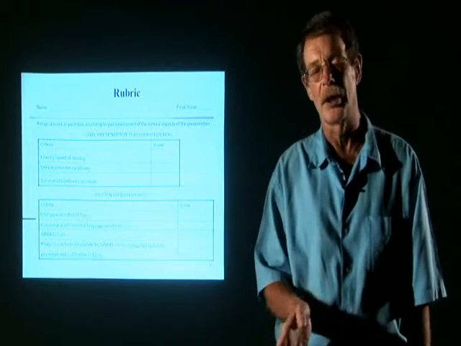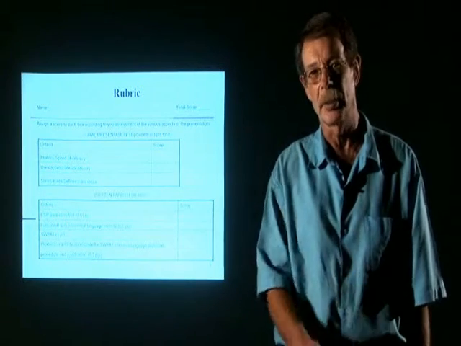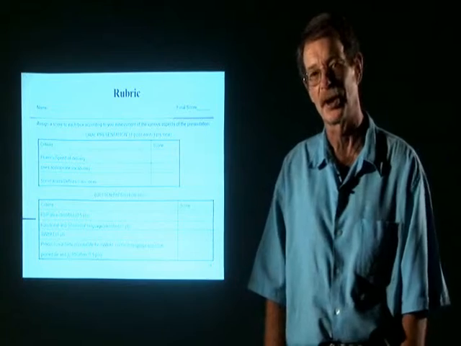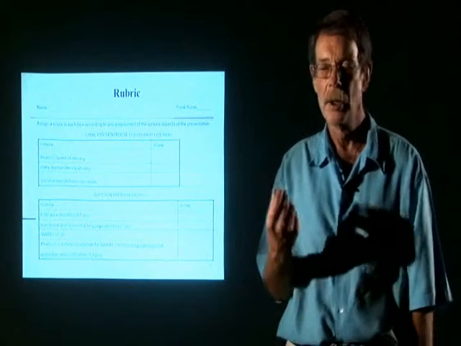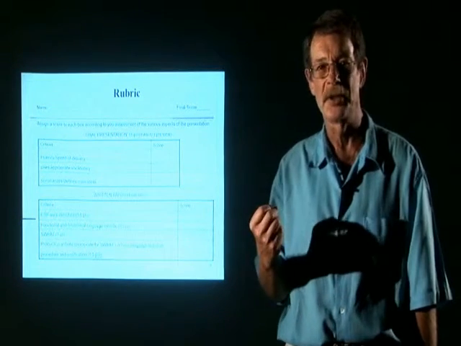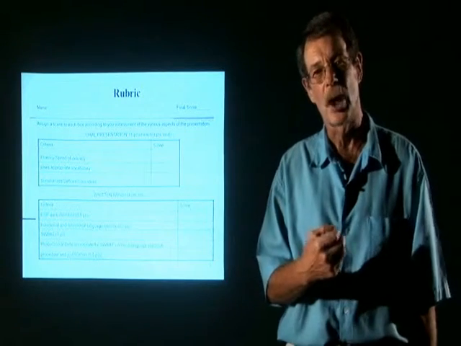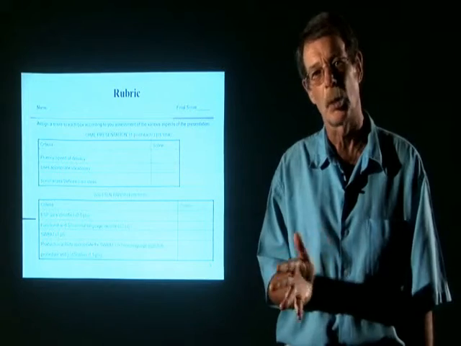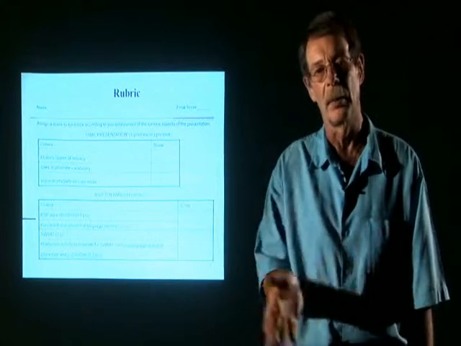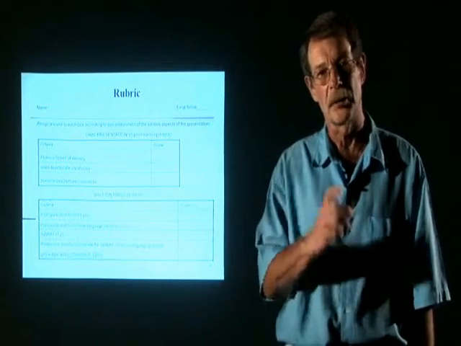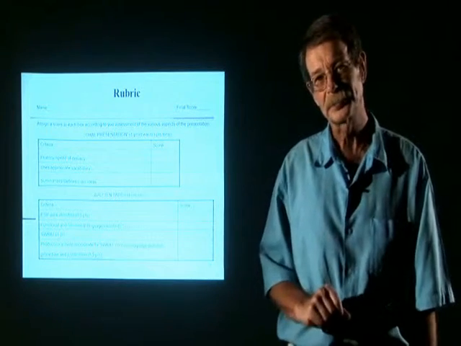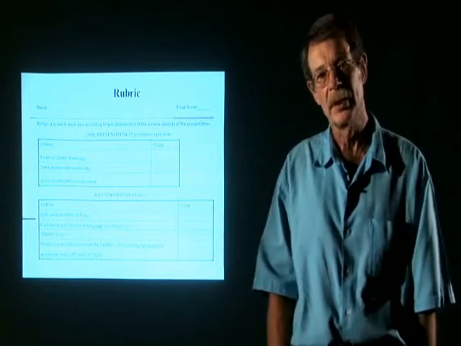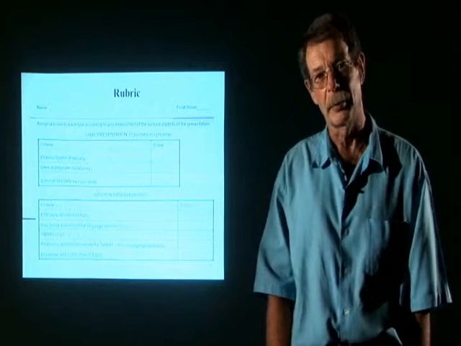You might check back in our presentation on the quadrants. Remember, quadrant 4 was context reduced and quadrant 3 was context embedded. So what could you do as a teacher to help move that from quadrant 4 to quadrant 3? And then finally, what's the difference between situational and functional language?